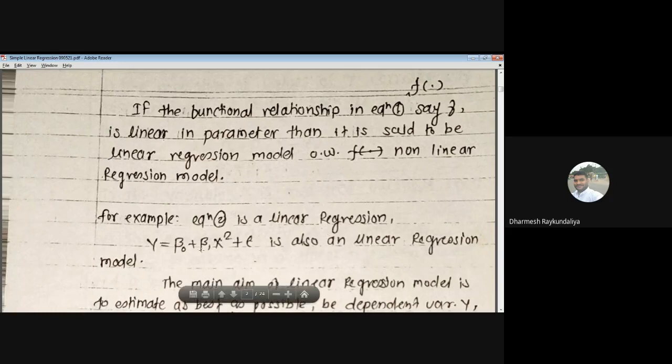Suppose you are writing the equation like that, y equal to beta 0 plus beta 1 x square plus epsilon. Sometimes you can also write it this way.